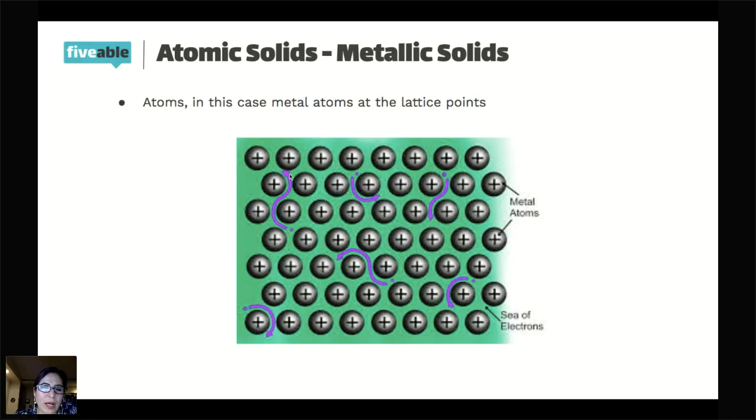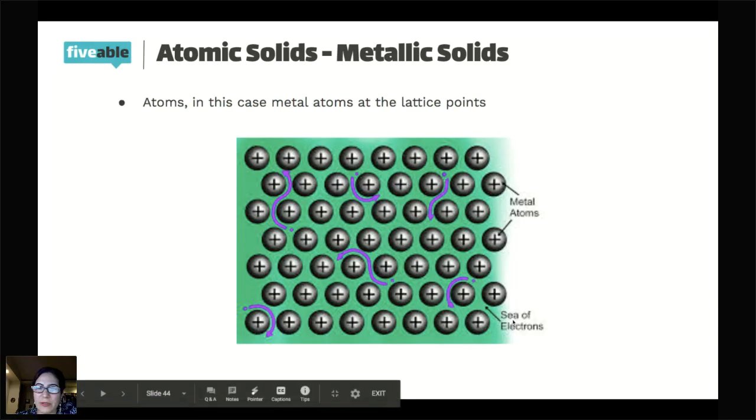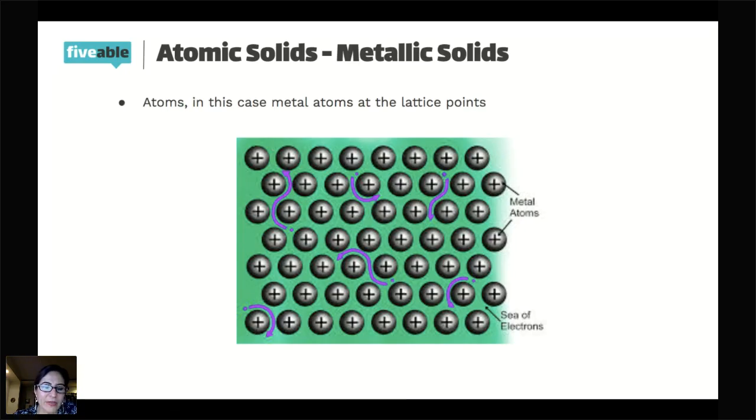This model right here is called the model of the sea of electrons. What it wants to explain here is that the valence electrons of the metal atoms are not bound to the nucleus. They are loose, they are shared among all the cations.